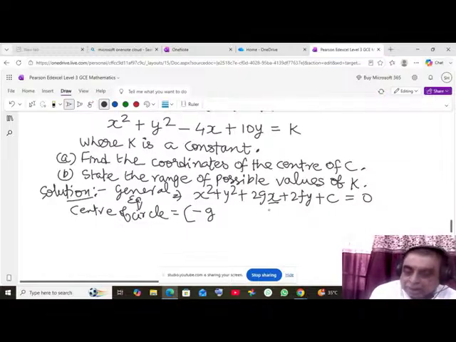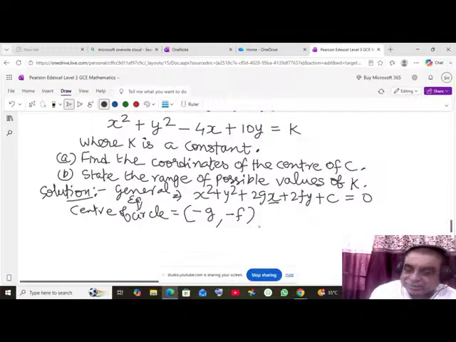So half of the coefficient of x with the opposite sign is the x coordinate of the center. The y coordinate is half the coefficient of y with the opposite sign: 2f divided by 2 is f, so it is minus f.